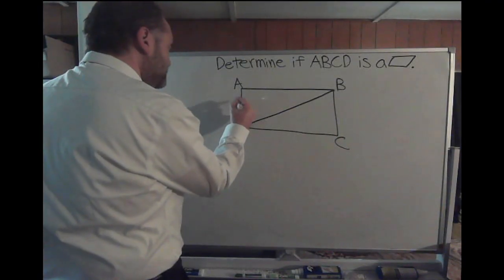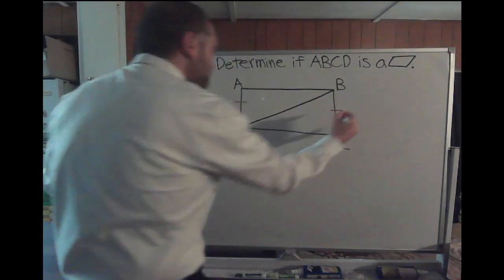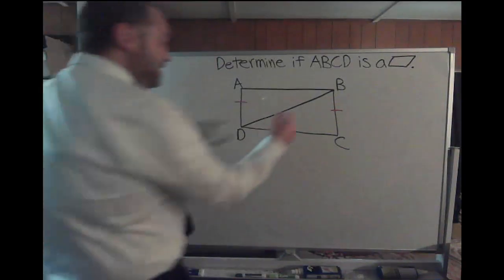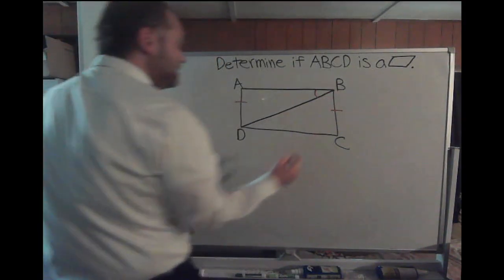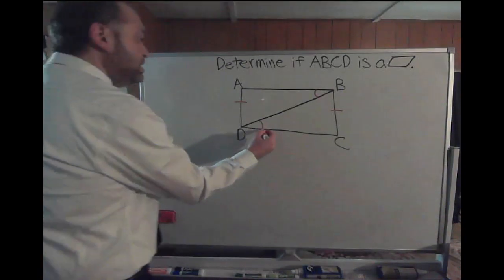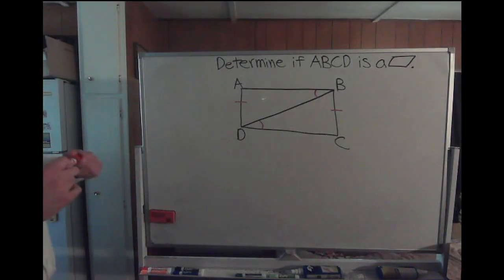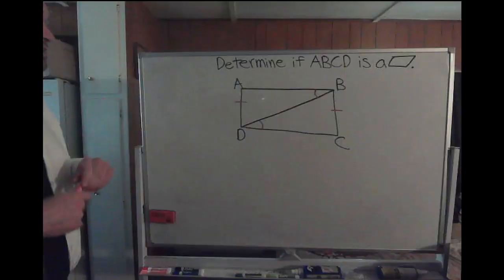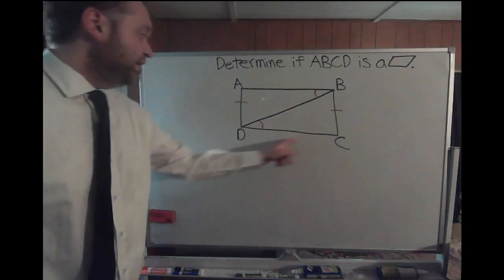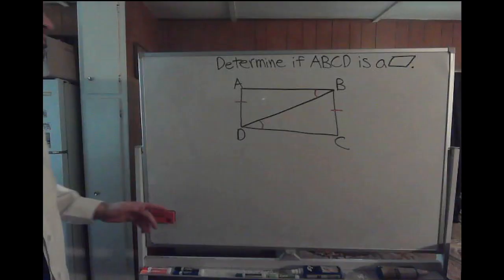AD is congruent to BC. We're given that. We're even given that angle ABD is congruent to angle CDB.